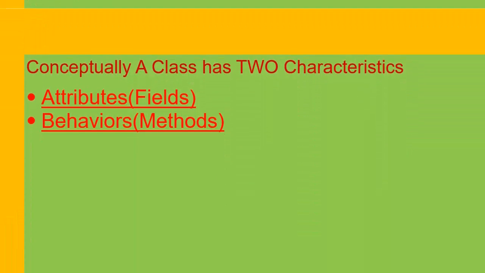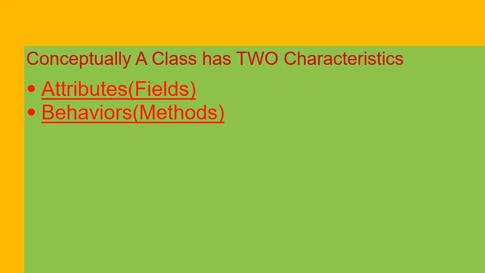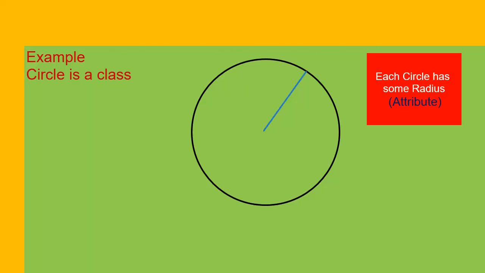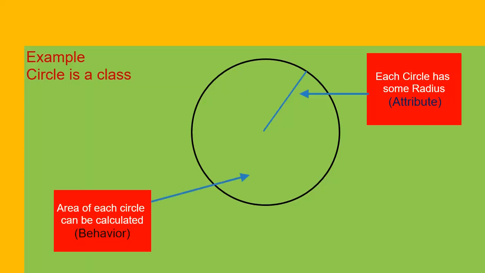Conceptually, a class has two characteristics: attributes or fields, and behavior or the methods. So, to understand the concept of a class, we can take an example. We have taken an example of class circle.